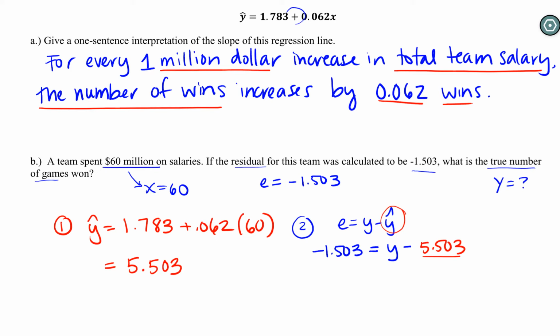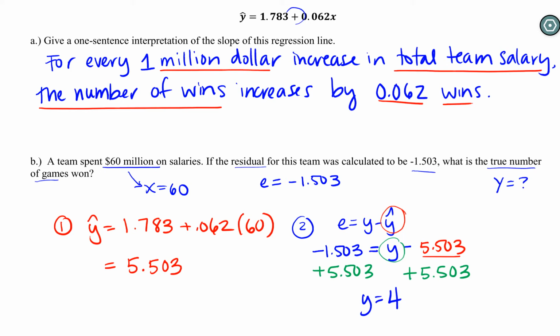So for those of you who came in going like, I'm not great at math, math is not my strong suit, this is it. We need to solve for y. So if we're subtracting 5.503, we'll need to add 5.503 to both sides, telling us that our y is equal to 4.